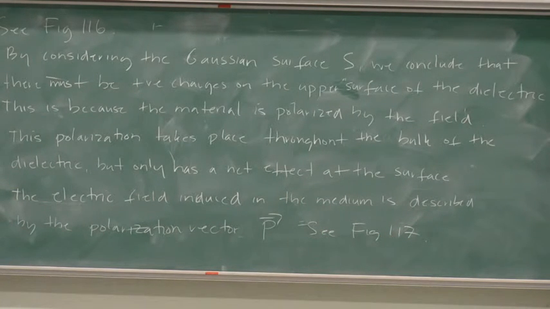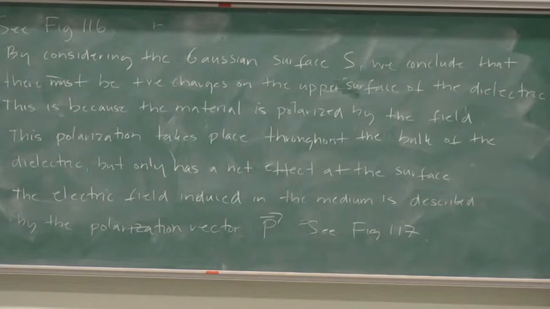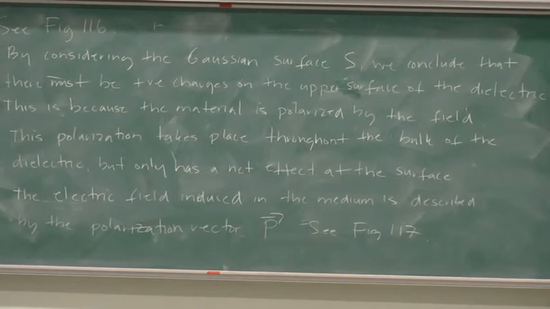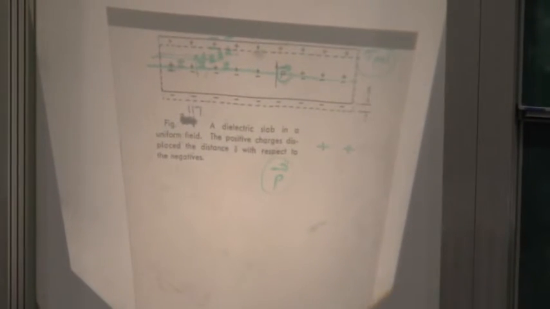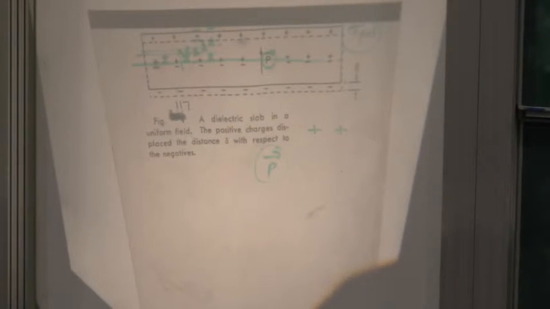So we've got this idea that we have the polarization taking place everywhere, but there's no cancellation only at the surface. But everywhere inside the material there is a polarization vector P produced by the electric field.